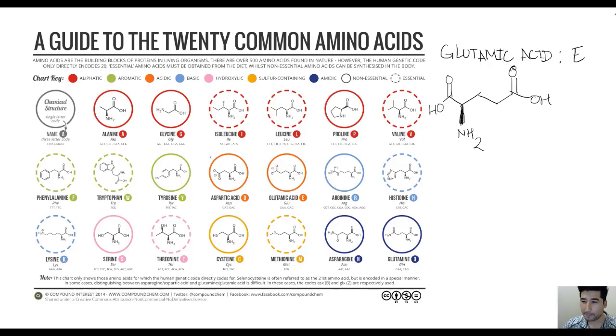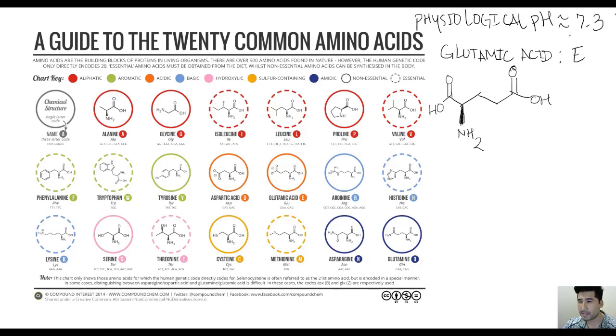And this is what I mean. This is my question to you, what is the physiological pH in your blood? So the physiological pH is about 7.3.